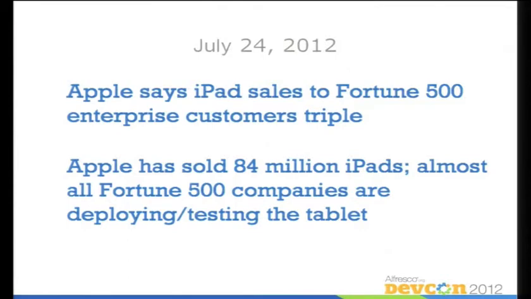So as you sit here and ask yourself, does it matter to me? The answer is almost certainly yes. Maybe not today, but certainly in the next 6 to 18 months, you're going to run into this need in your organizations. There's a lot of iPads out there, and then the minis and the other tablets are certainly not going away.